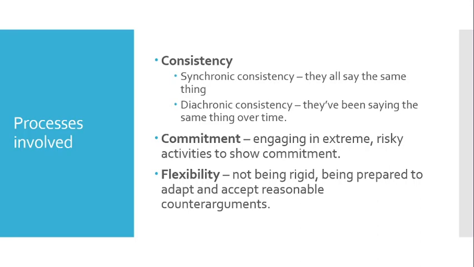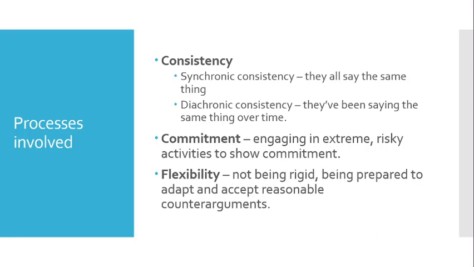Flexibility, the last one, we talked briefly about this at the end of Moscovici's study. Flexibility is being prepared to adapt a little bit when you're trying to persuade a majority. So, for example, in Nemeth and Brilmayer's study, which was the one we talked about, the minority that managed to persuade the majority were doing stuff like, well, yes, I agree on this point that you're making, but I still think he's guilty or he's innocent or whatever.